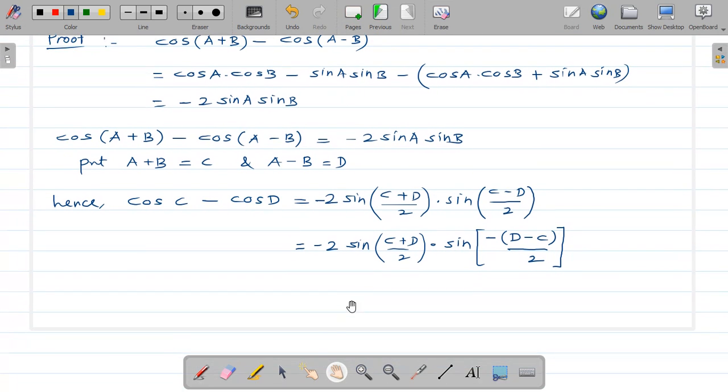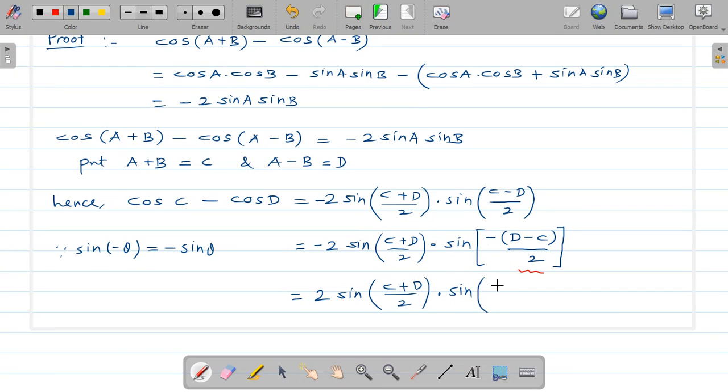Now after this adjustment, all of you know that sine of minus theta is equal to minus sine theta. Now see here, the angle is negative, sine of minus (D minus C) upon 2. So this minus sign you can take outside, and that's why this minus and this minus become plus. So you can write it as 2 times sine (C plus D) upon 2 into sine (D minus C) upon 2.